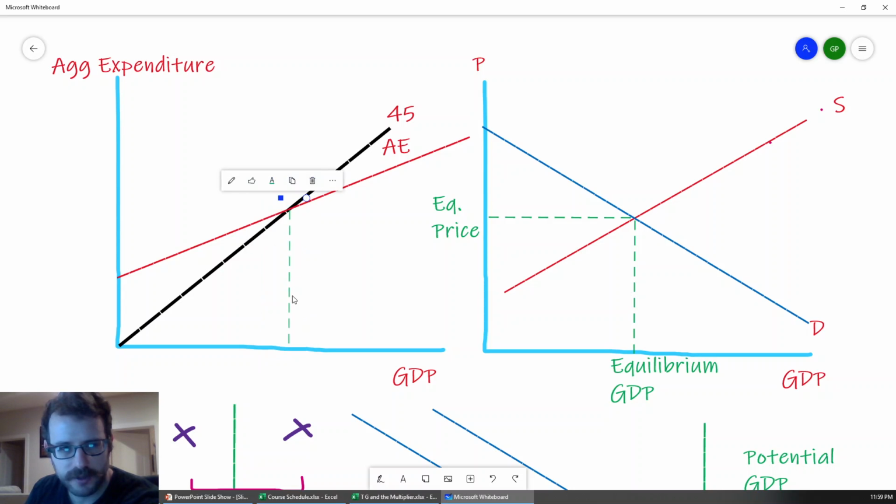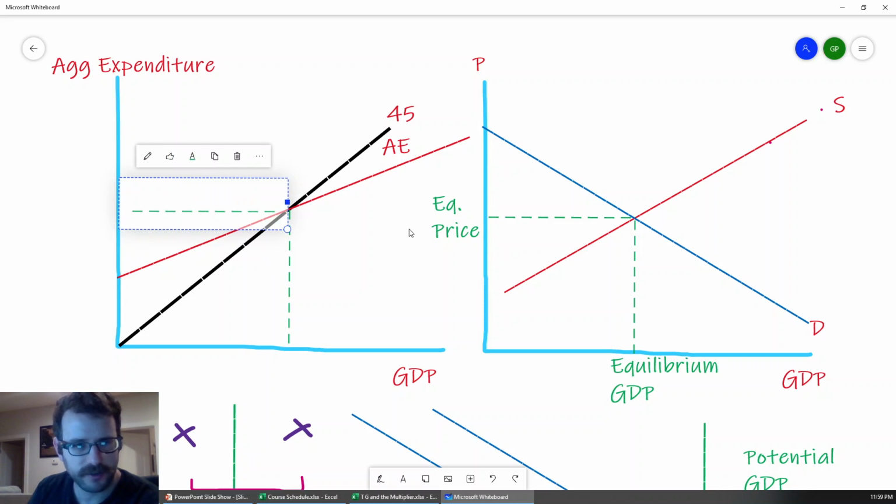You could also say your equilibrium GDP is here, because at the equilibrium, your x-axis has to equal your y-axis, right? More importantly, this is your aggregate expenditure. So this is the point at which aggregate expenditure equals national income equals output. They're all the same.